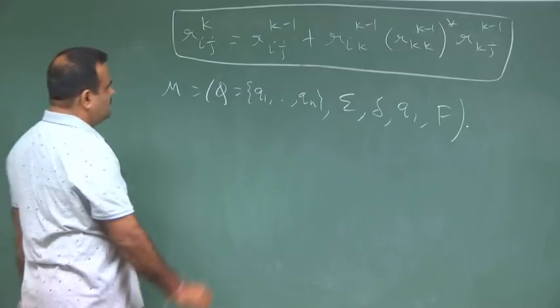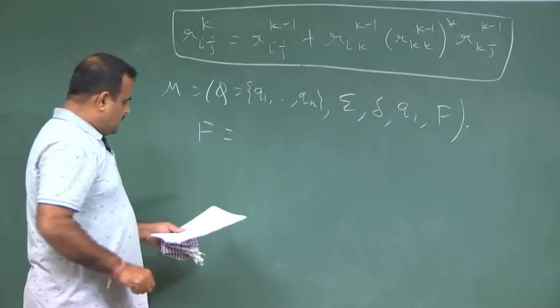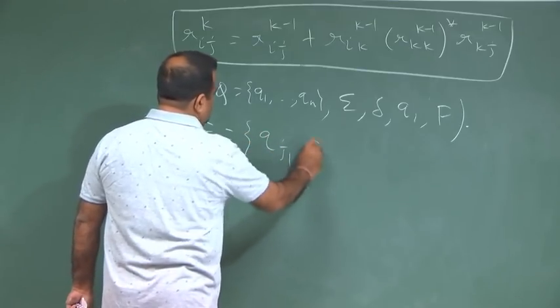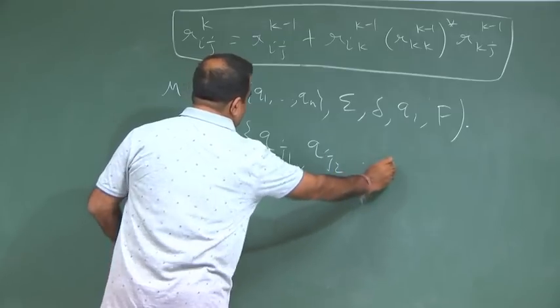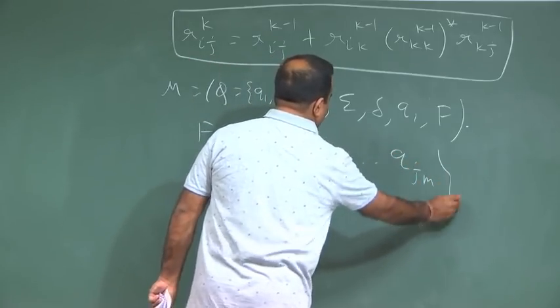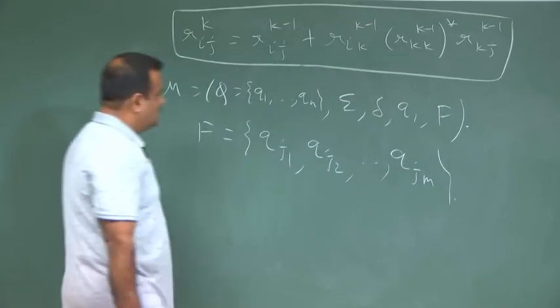Now, F is the set of final states. Suppose F consists of q_j1, q_j2, up to q_jm. There are m final states.